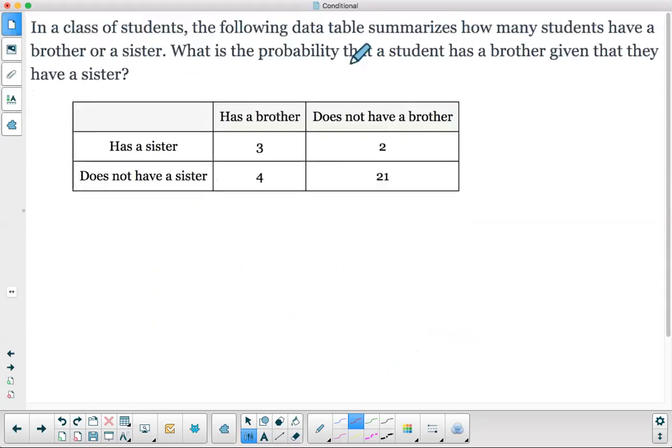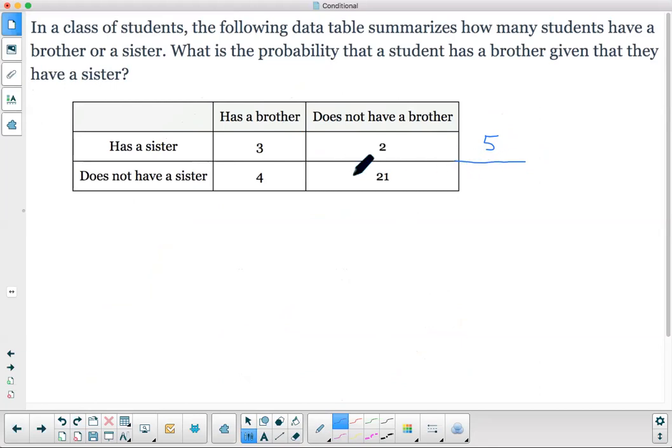Let's do another one with a table. The trick with these is that you need to total them. So 3 plus 2 is 5. So of the people that they surveyed, 5 of them have a sister.